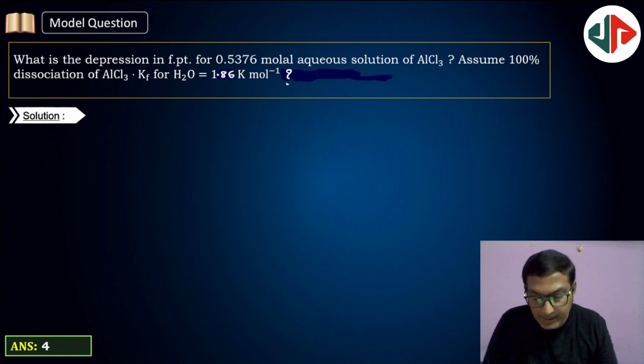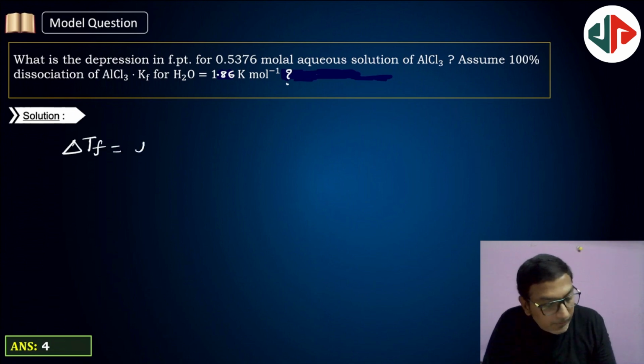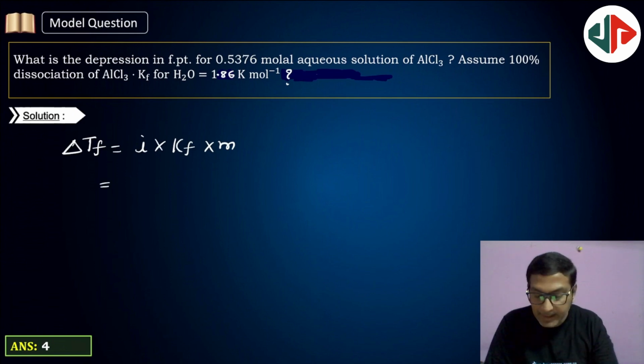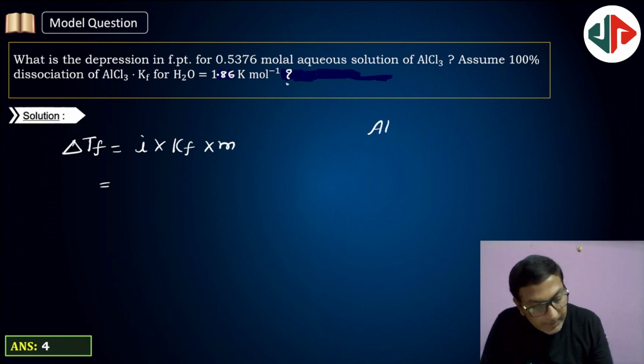This is also a similar question. Delta Tf equal to i into Kf into molarity, that is the i value. So AlCl3 dissociates to Al3 plus and 3Cl minus.